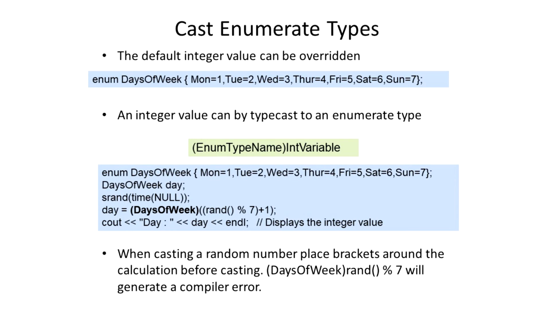We'd actually have to define a string value rather than an integer value, which we can't do in C++, but we can in other languages. So that's a handy way that you can generate a random enumerate category. Here's a good example of that.